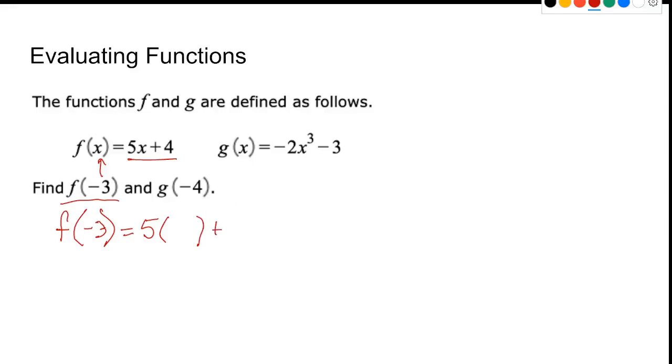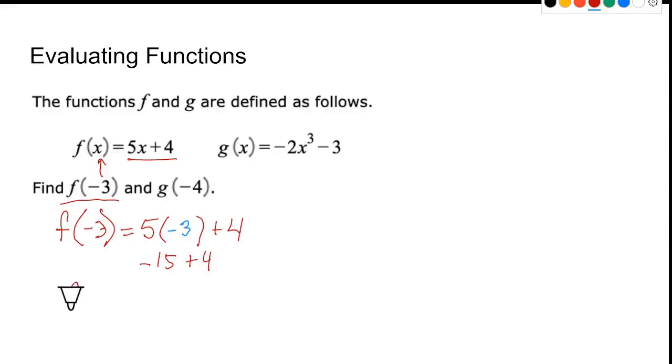5x plus 4. And then what we do, change colors, is we plug in the input, so differentiating the function from the input, and then calculate it. 5 times negative 3 is negative 15 plus 4.